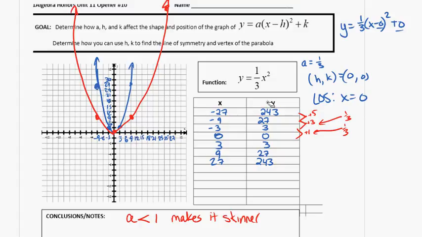Now if you want to see that, I'm happy to demonstrate. Probably a good idea for me to show you. So if I were to just choose my regular values that I've been choosing, 1, 2, 3, 4.